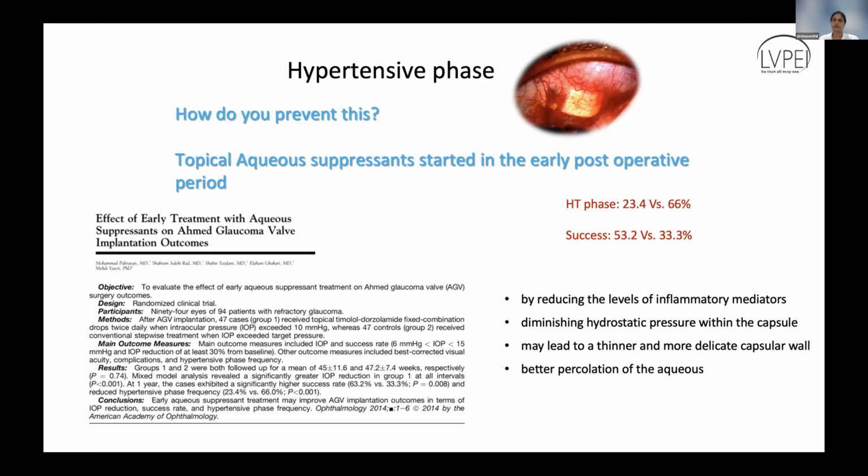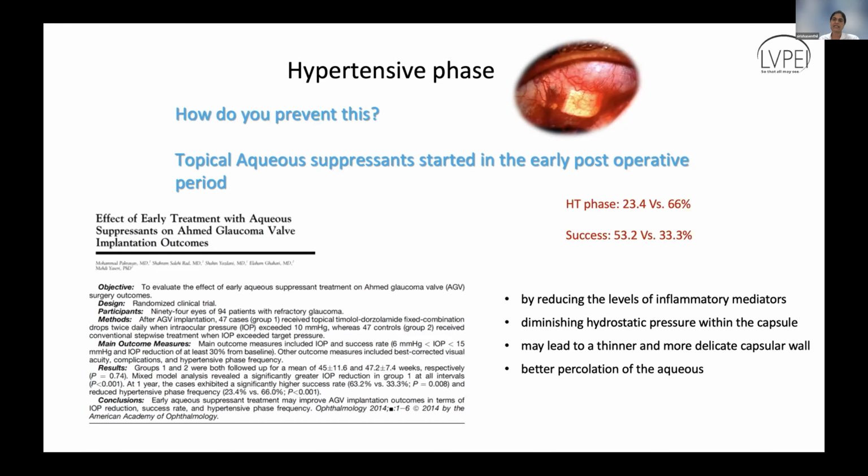And studies have shown that with topical aqueous suppressants in the early postoperative period, it decreases the rate of the hypertensive phase by more than 50%. So 23% in a group with aqueous suppressants in the early postoperative period versus 66% when it was decided to start anti-glaucoma medications based on the intraocular pressure.